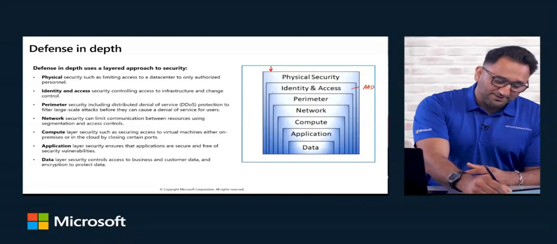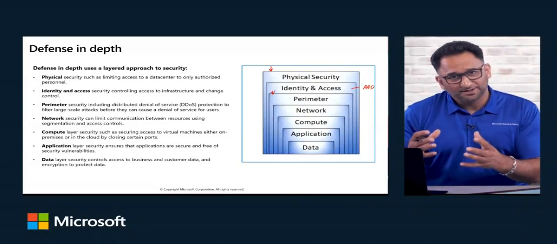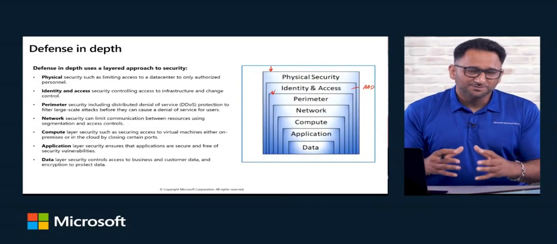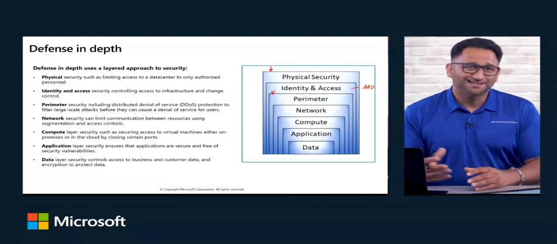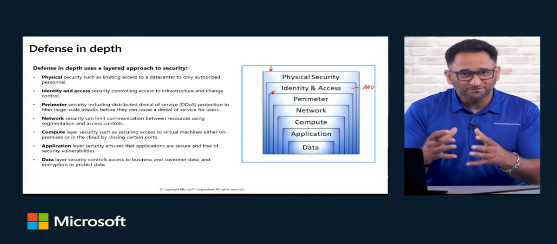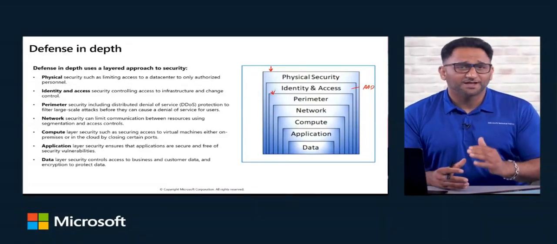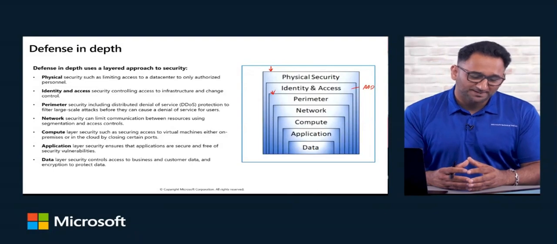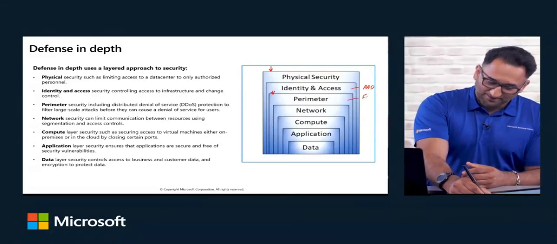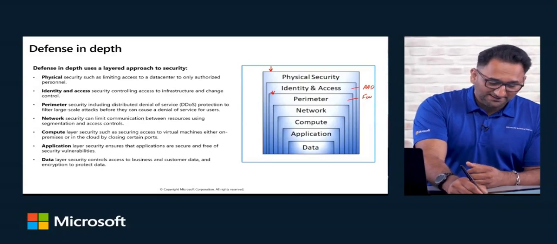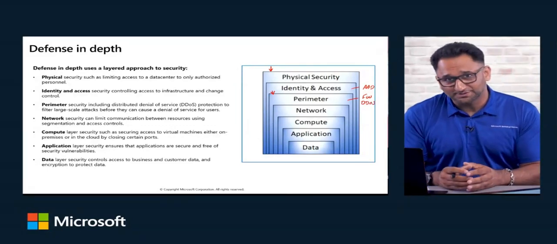Now, when we go down into other layers like the perimeter layer, this is where we want to implement security for all the solutions, so the data that is coming into your network can be filtered and assessed before it actually reaches your network environment. Kinds of things that you will normally implement: surely we've all heard of firewalls, and we look at other defense mechanisms like distributed denial of service attack protection.